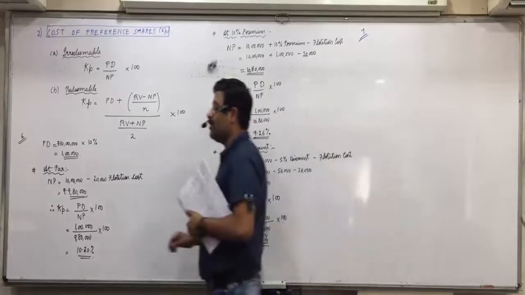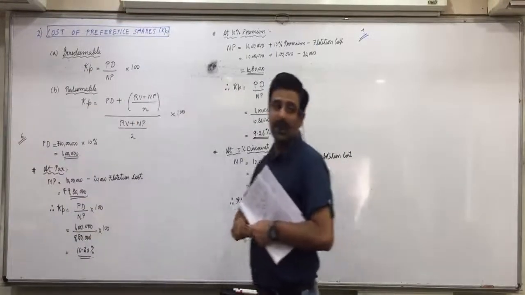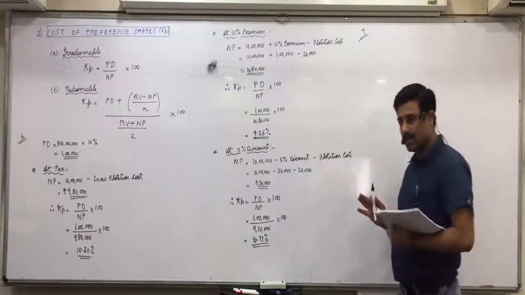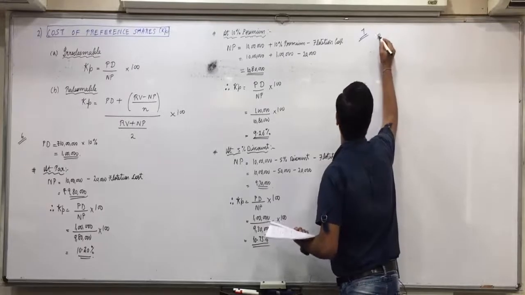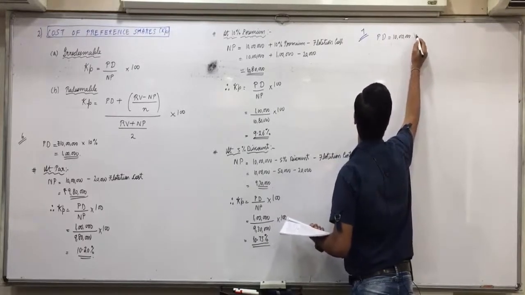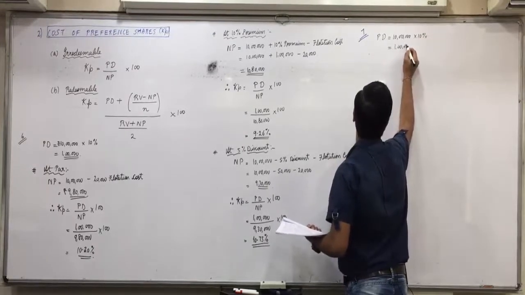Only one thing remains common in all situations, which is preference dividend. Net proceeds and redemption value both change in each of the three situations. So write down PD equals 10 lakhs into 10%, that is 1 lakh.